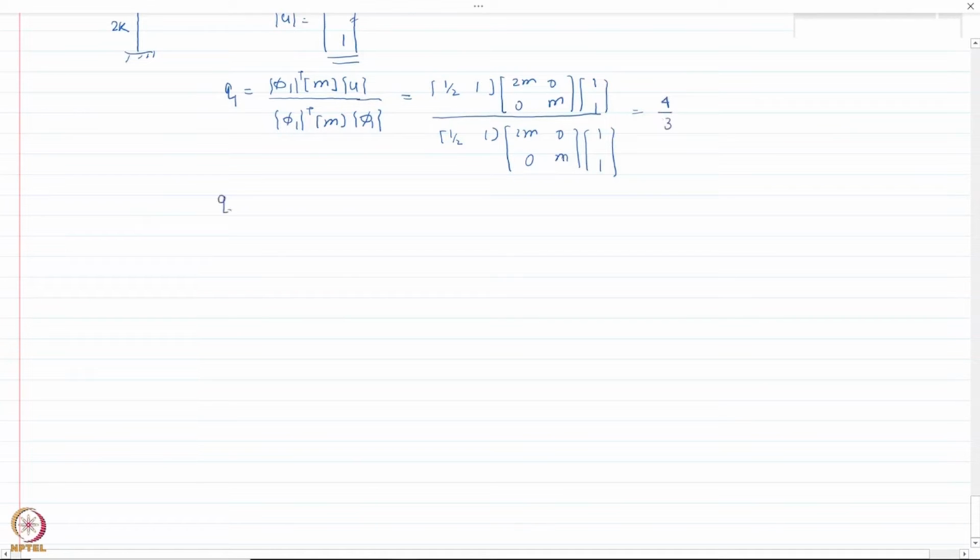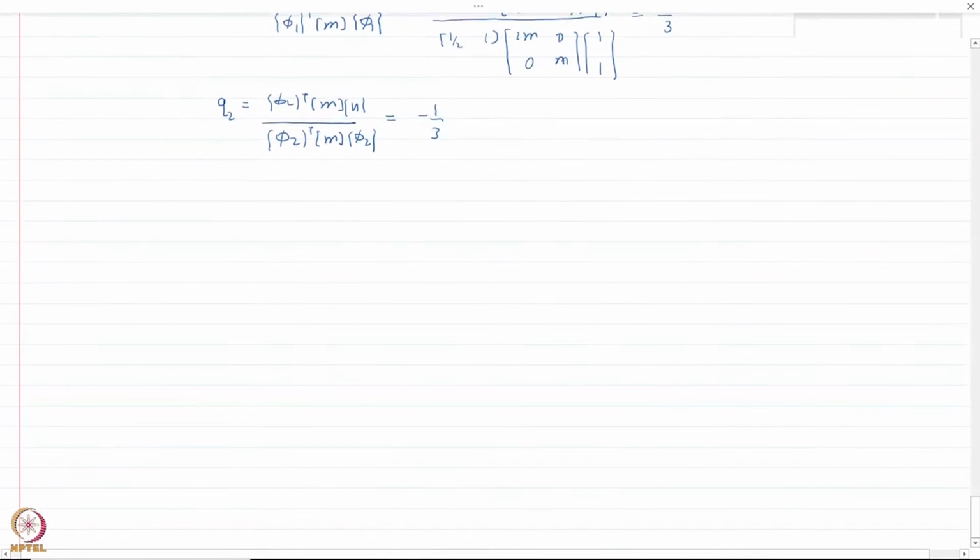Similarly q2 I can find by substituting phi 2. So this will be phi 2 transpose m u divided by phi 2 transpose m phi 2. The value that you get is q2 as minus 1 by 3. So you got these factors.